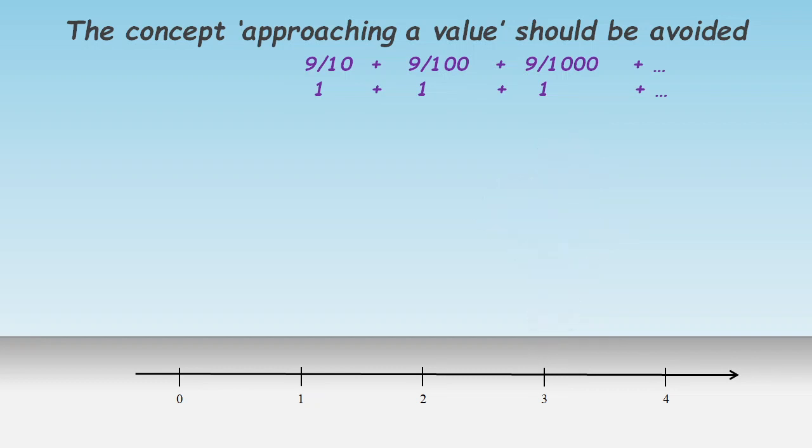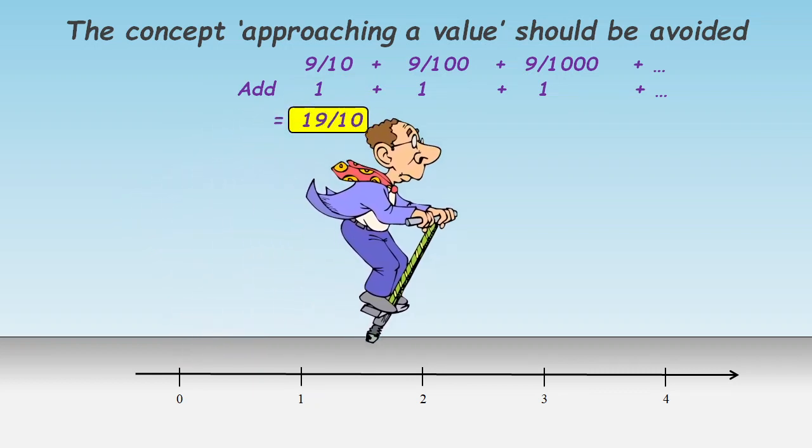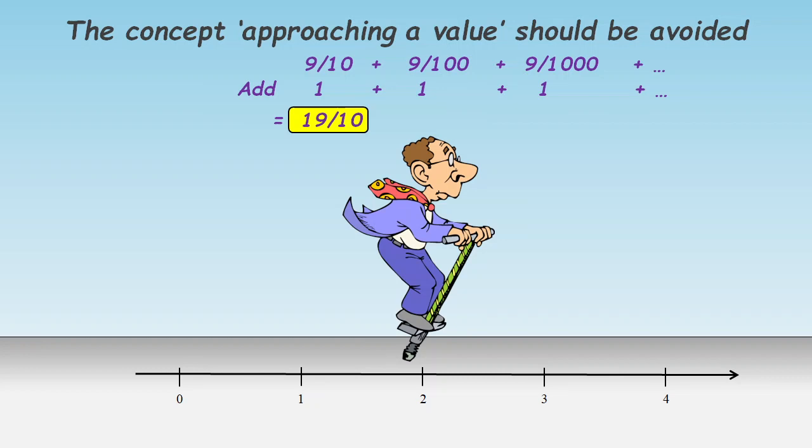We can now perform addition on these series. So we add the first term of the first series to the first term of the second series, and we get 19/10. So our first jump covers a distance of 1.9 units. When we add the second terms, we get 109/100.